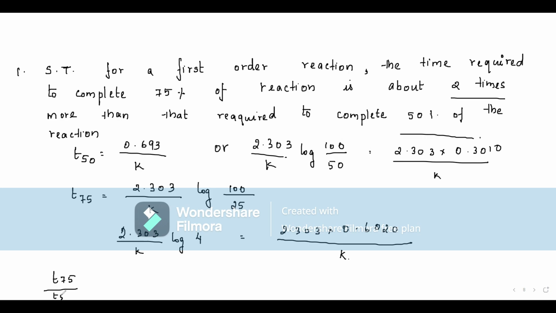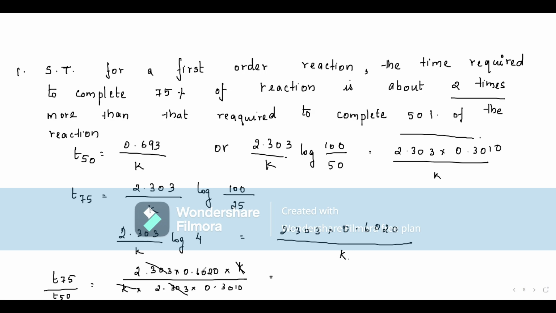Now, T75 by T50, just 3 steps are needed to solve this. T75 by T50 is 2.303 into 0.6020 by K, and T50 is 2.303 into 0.3010 by K. So cancel out all the common terms.